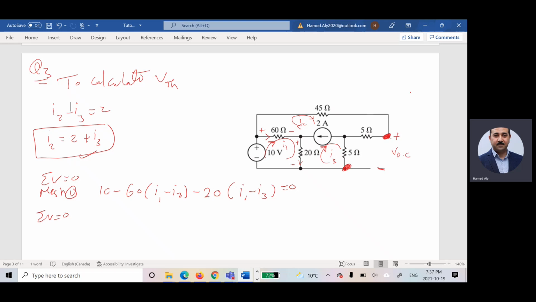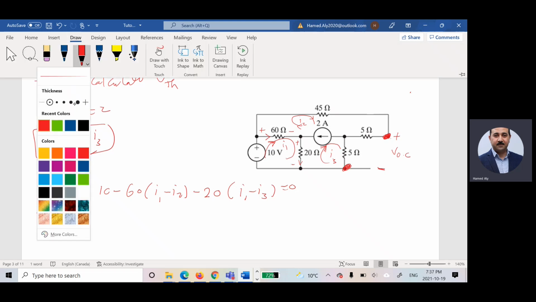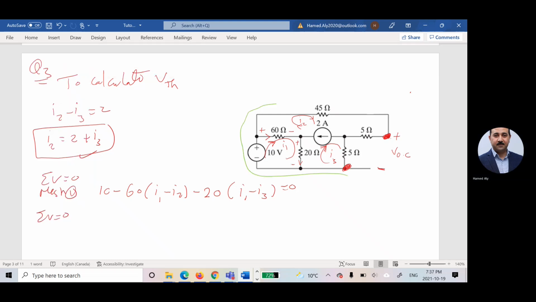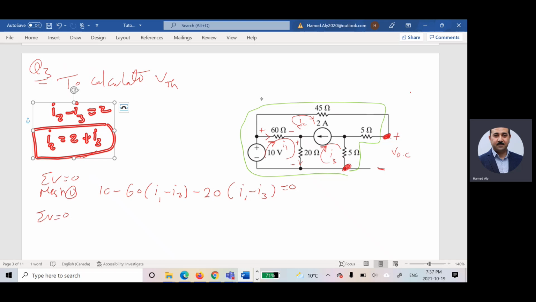I can use super mesh. For the super mesh, let me change the color. For the super mesh, I can use different meshes. Like for example, I can use this guy, or what else? Yes, I can use this guy.